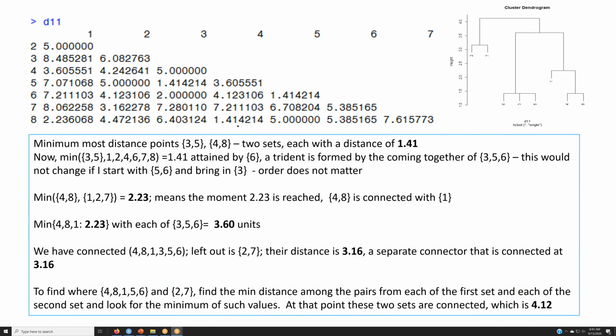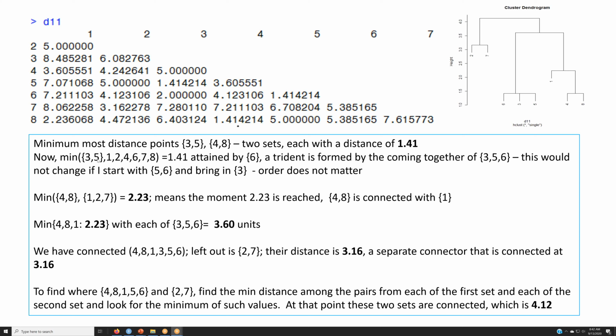There I was getting a bit lost. How I would say it: take the set indexed 0.3, find the distance between 3 and each one of these, and also find the distance between 5 and each one of these. That's what this means. And the minimum of those two minimums is 1.41, and it is attained by 6.